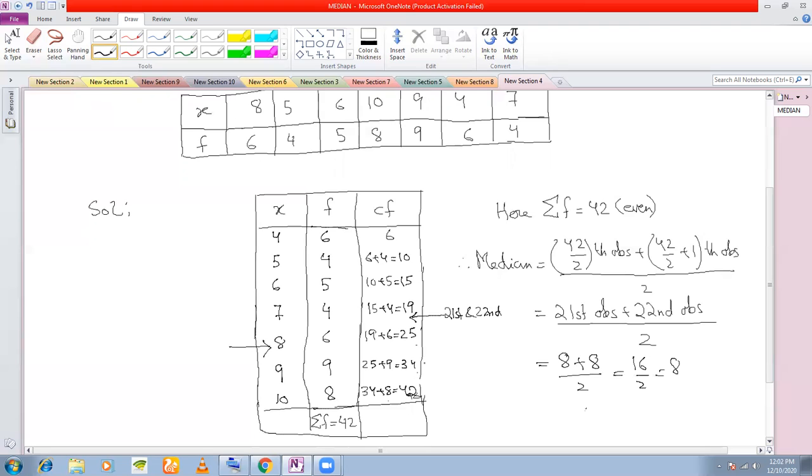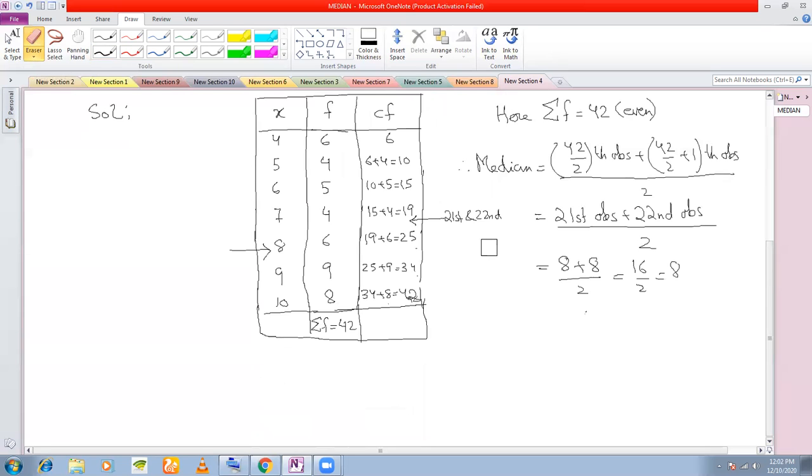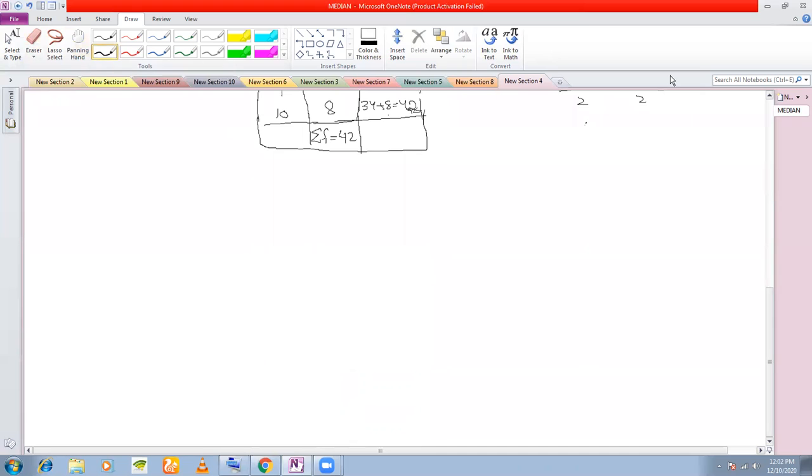Now we shall see how to calculate the median for a frequency distribution. Calculation of median for a frequency distribution. Let me just give you the formula first before I start with the problem.